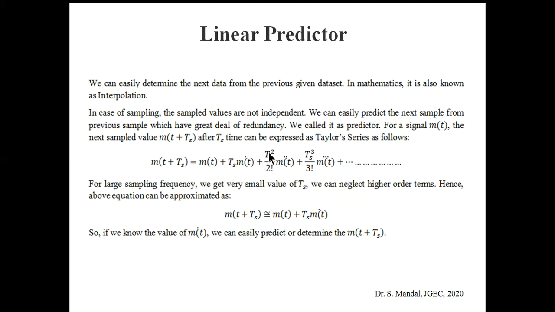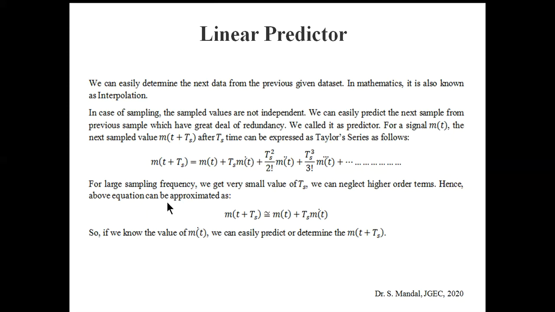If we substitute that value in this equation, the powers of those small values become very small, that is negligible. Ts² will be in the 10^-12 range, and Ts³ will be in the 10^-18 range. So obviously the contribution of those terms will be very negligible.